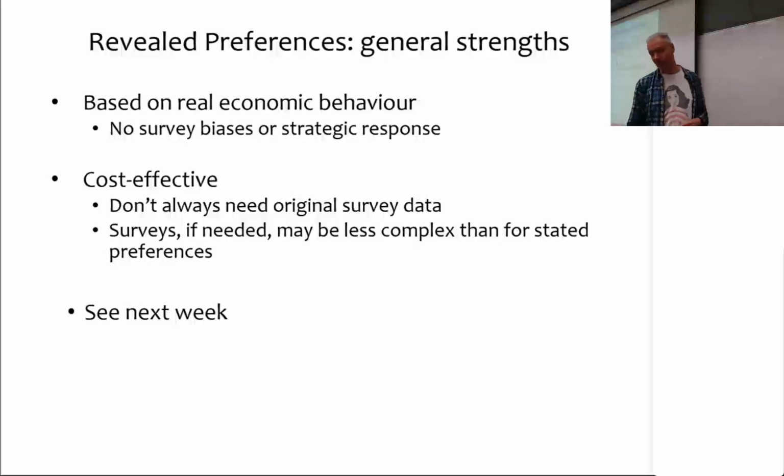Another main advantage of revealed preference methods is that it's actually a lot cheaper to do than the methods I'll be talking about next week, because often you don't need to collect the data, because somebody has collected the data for you.